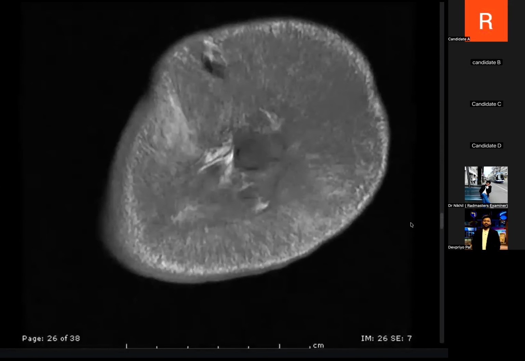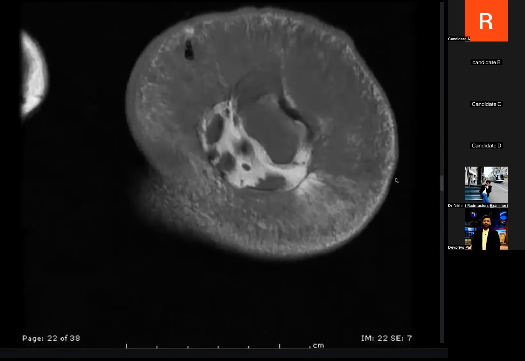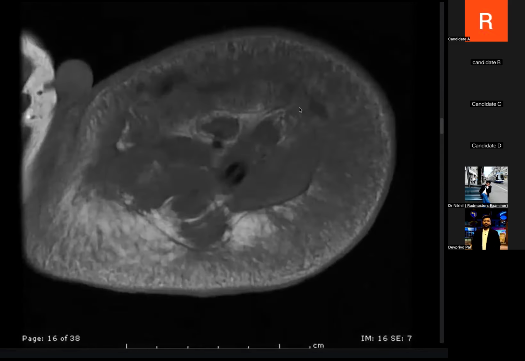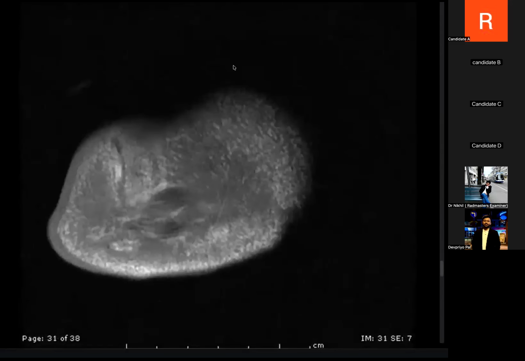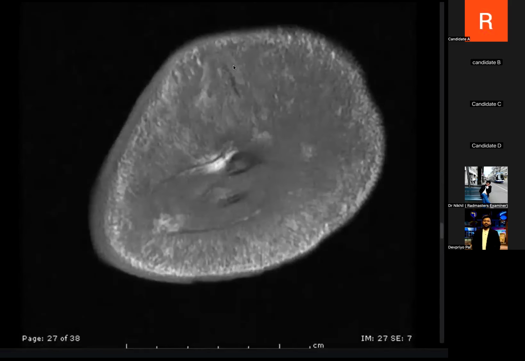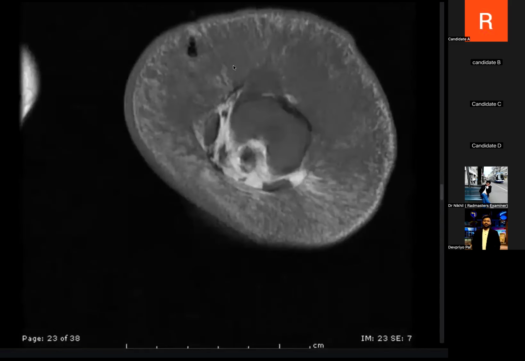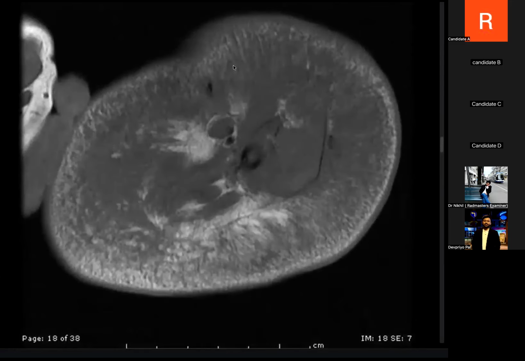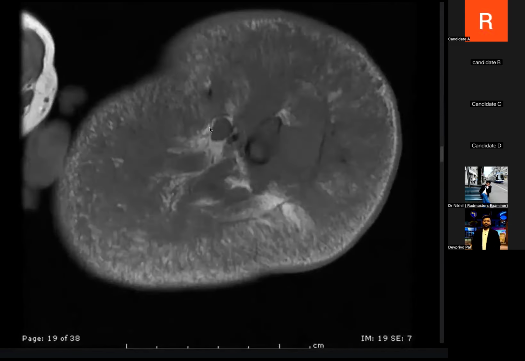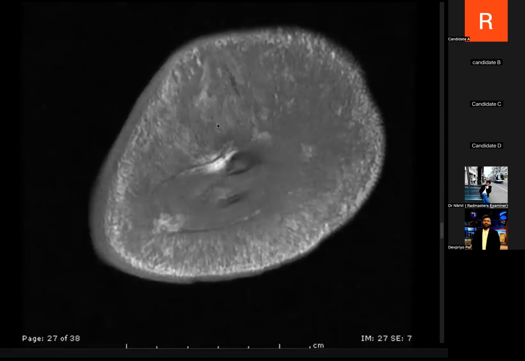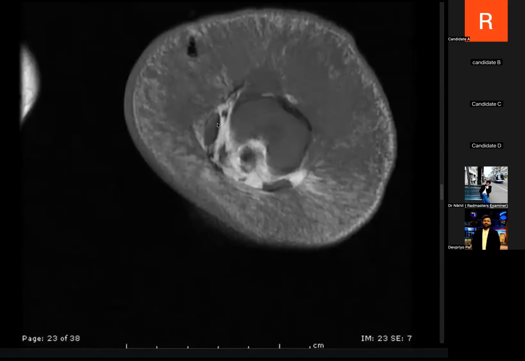I can see a flow void vessel-like structure in the medial aspect of the limb, and I'm going to trace where it is going. It mostly travels through the subcutaneous tissue plane and connects to the femoral vessel here. It shows normal flow voids, and I cannot appreciate any other vascular structures within it.